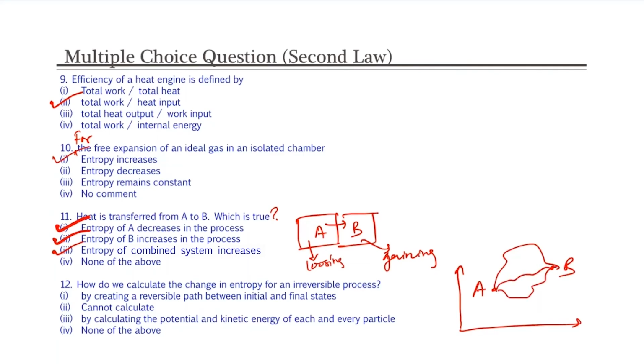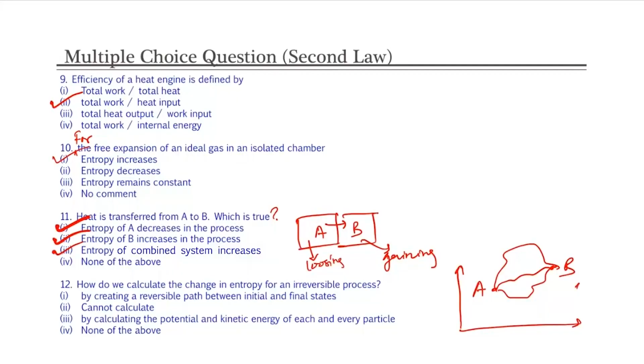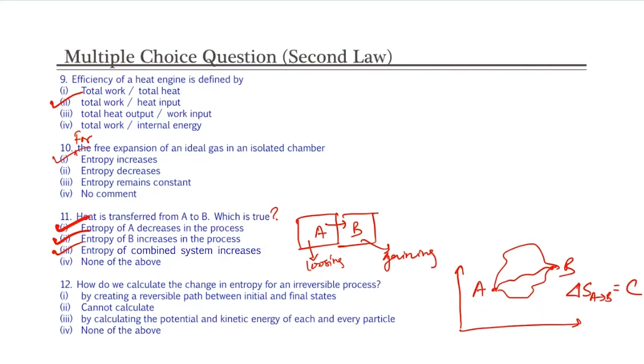However, entropy of B has to be some specific value and A has to be some specific value. Therefore, change in entropy between A to B has a very specific value, let us call it C. Which means that in order to get C, we need a very specific way to change from A to B, and that specific way is a particular reversible path for which we can calculate.